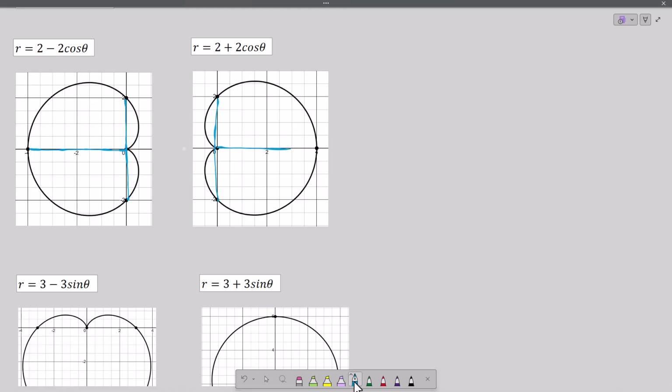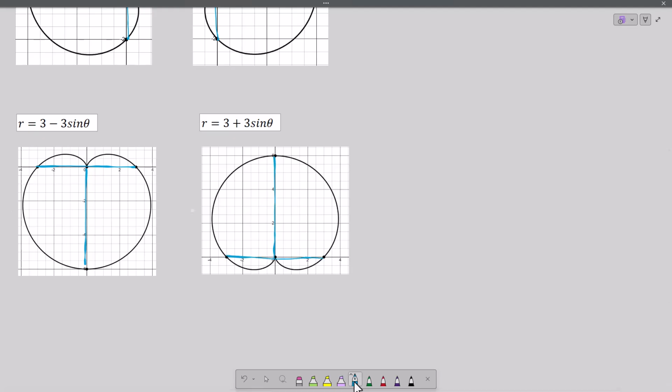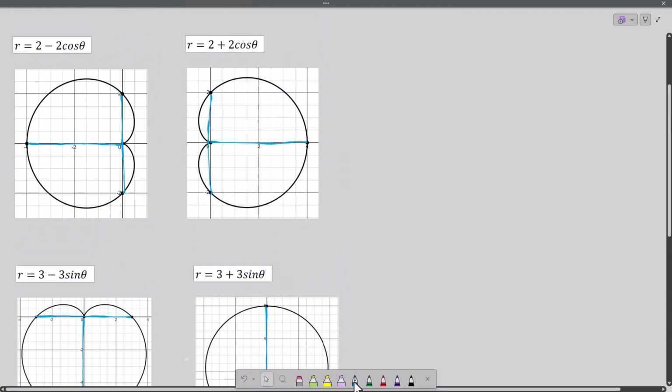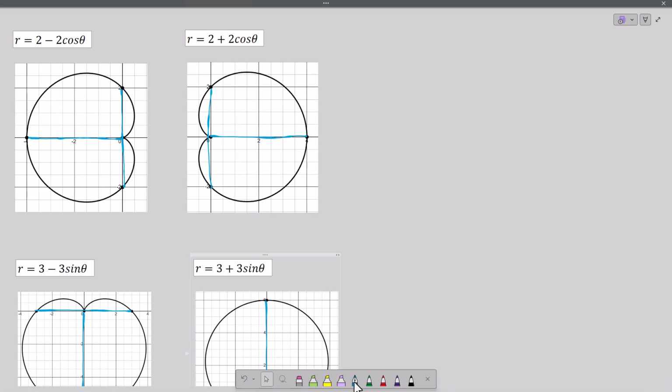If you connect these 4 points with line segments, you're going to notice that you have a capital T. So I'm going to use that capital T as the guide. If I know where that capital T is, those 4 points are enough to graph the cardioid, as long as you know it's a cardioid, and it's a cardioid if these two constants have the same magnitude and you have just a sine or cosine on the second term.